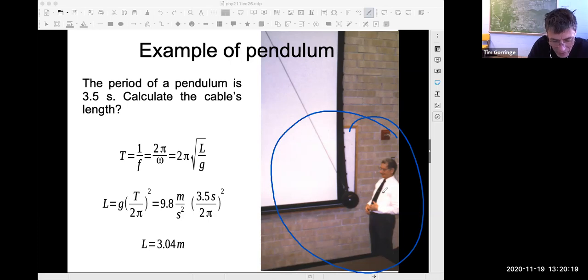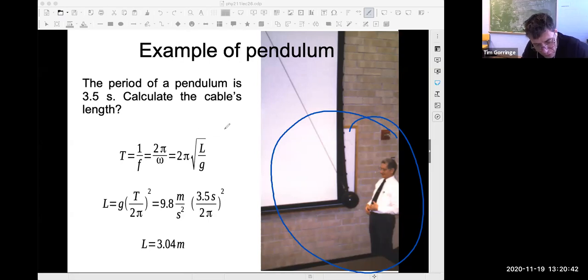And yeah, we can figure out the length of the string, because the characteristic frequency, which means the characteristic period of the oscillations, is determined by this ratio involving the length of the string and the acceleration of gravity. The longer the string, the longer the period. The shorter the string, the shorter the period.